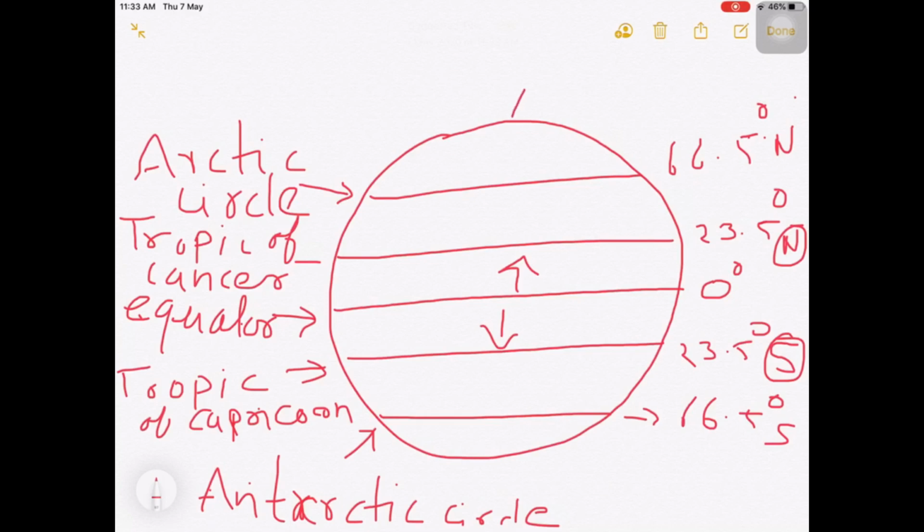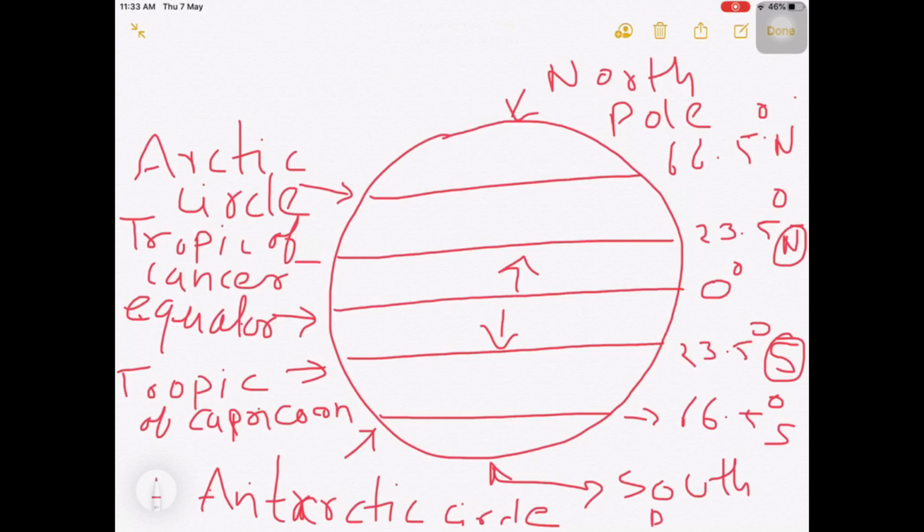Now the only lines left are the poles. The poles are at the extreme, so above we will write North Pole and below we will write South Pole.